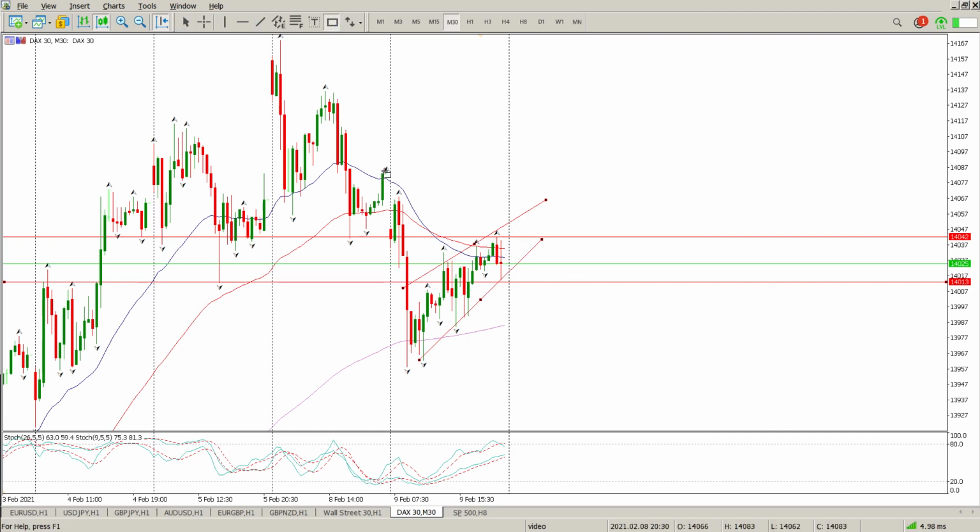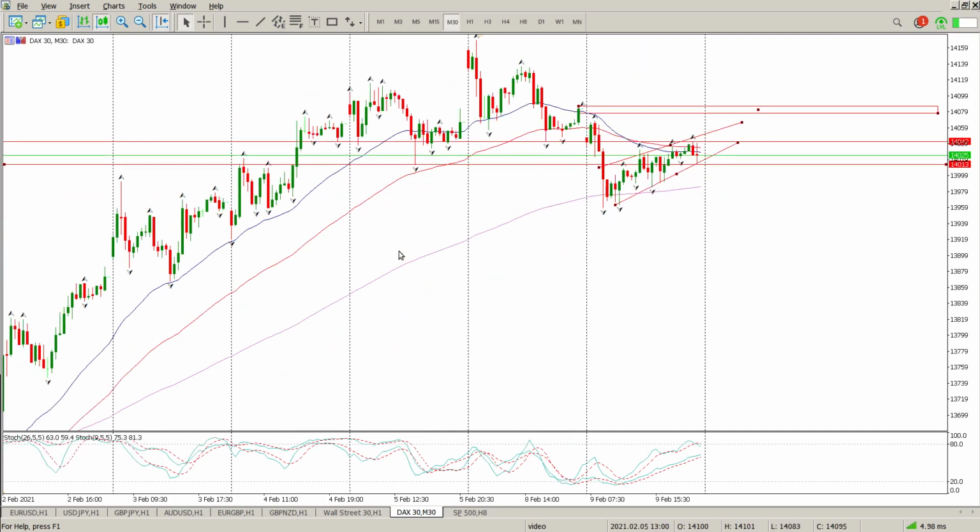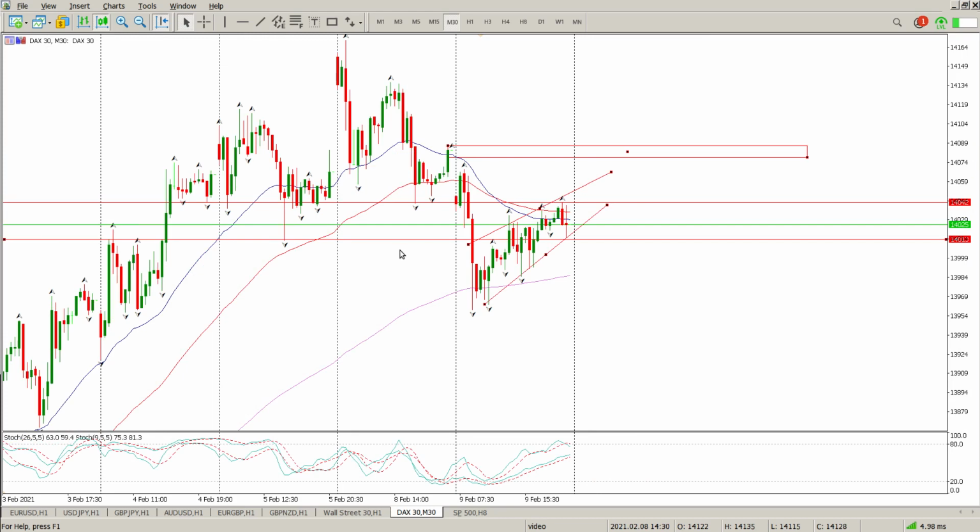Technically we're going to have to break above that area there, which is basically the gap close from yesterday, and if we close above that, then you can look for support and then look for a move to the upside. But this is creating a series of lower highs and lower lows, that's why I say I'm a little bit more bearish than I am bullish at the moment.